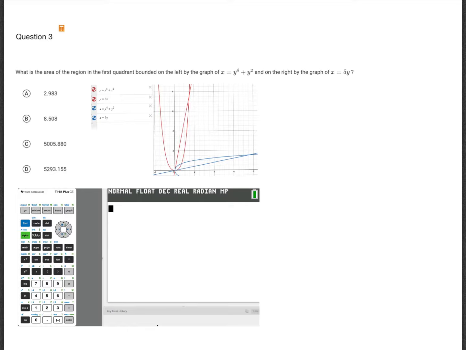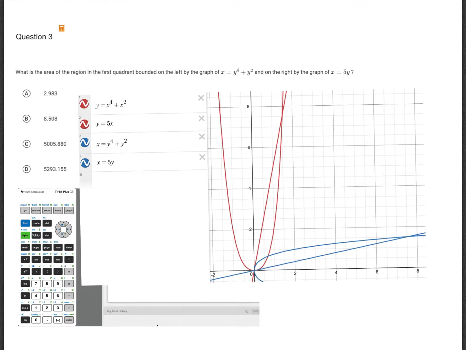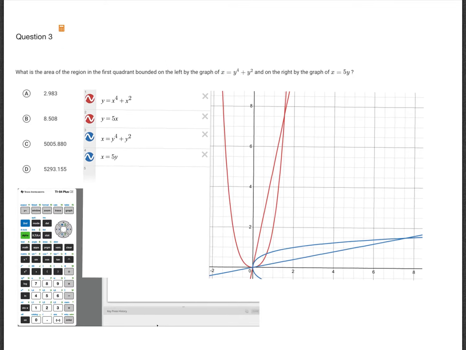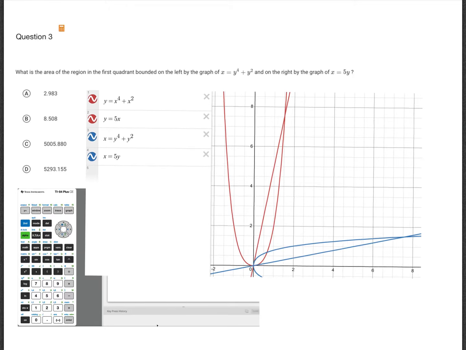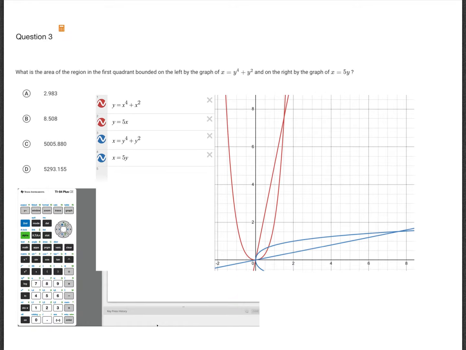Okay, so first off, let's look at this graph first. I graphed these in Desmos just to show you what we're going to do.